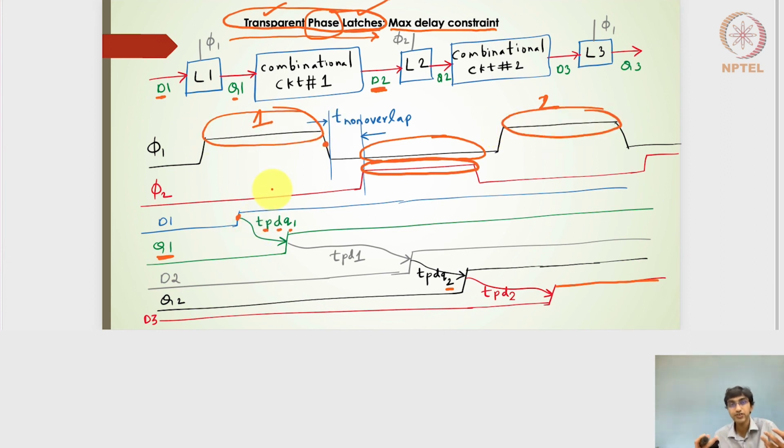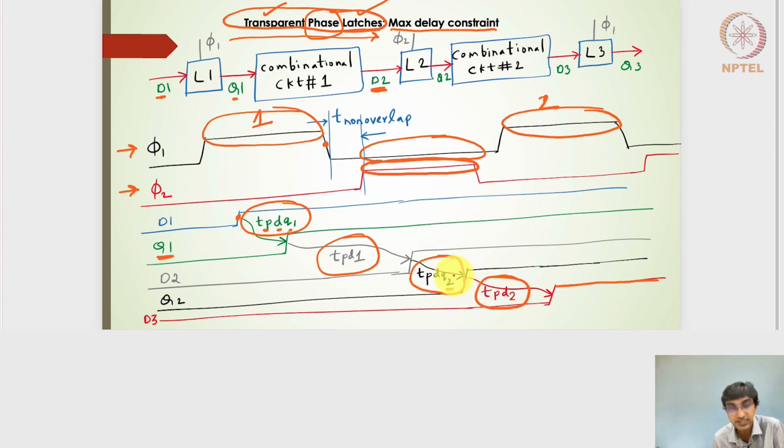I can also, if I have to design the clock signal here, let's say that the phi 1 clock time period is not given to us, and the phi 2 clock time period is not given to us. If we were to design the clock time period, then what we are likely to do is calculate this TPDQ1, the propagation delay TPD1 of combinatorial circuit 1, the TPDQ of the latch 2 design, and TPD2, which is the propagation delay of combinatorial circuit number 2, add them up, and those will be my clock time period.